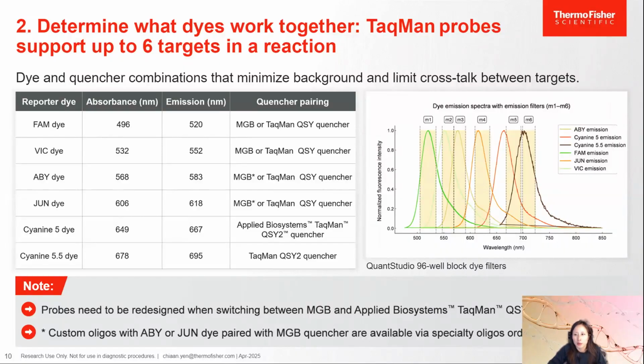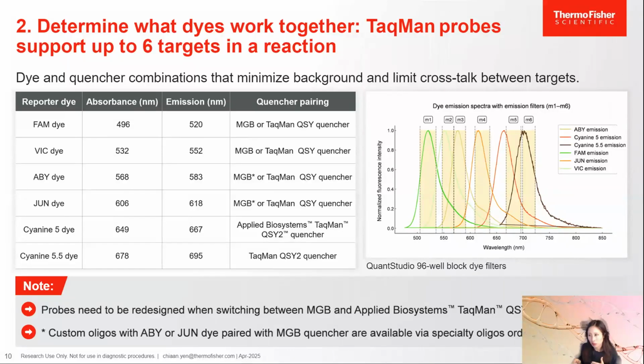And something that I really wanted to point out is that the choice of whether MGB or QSY quencher does matter a lot, because it really changes the TM of your probe. So for the same sequence, when used with MGB quencher, the TM will be a lot higher versus using a QSY quencher.